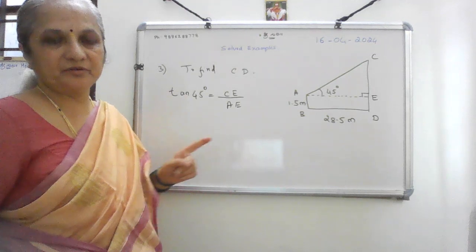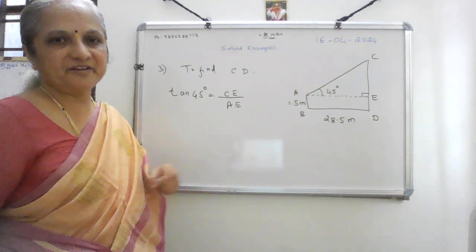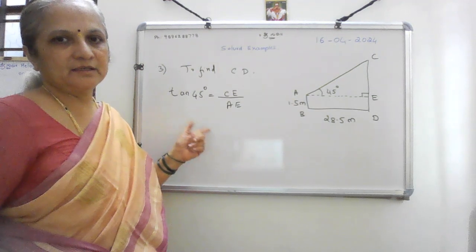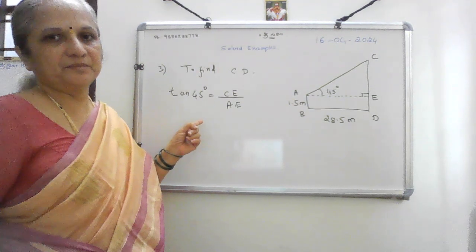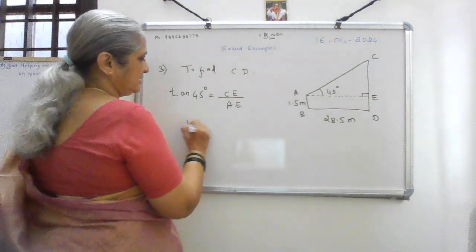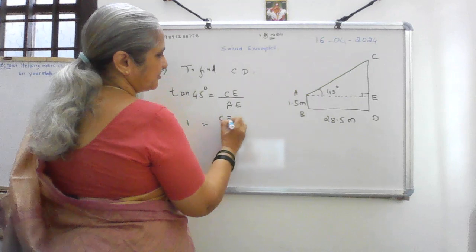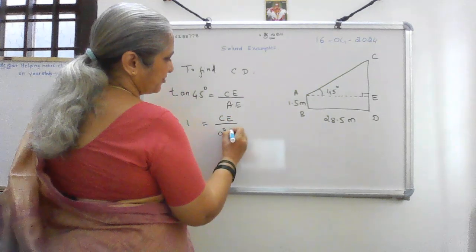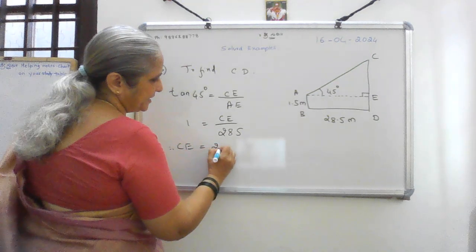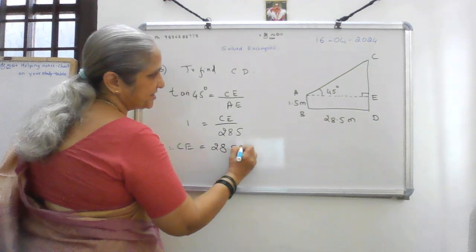And if you do have any confusion, you can refer to my short video where I have explained how to find the values of some trigonometric ratios of some angles. Here tan 45 is equal to 1. This is equal to CE upon AE is 28.5. Therefore, CE is equal to 28.5 meters.